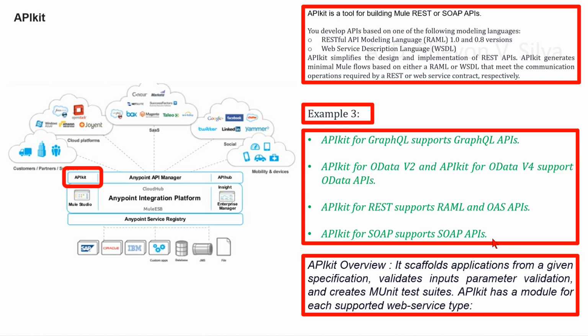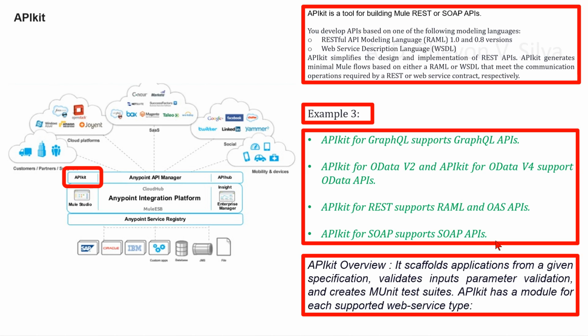With APIkit, incoming requests are intelligently routed to the appropriate endpoints based on the defined API contracts. This routing mechanism simplifies request handling, improves performance, and ensures that the requests are processed by the correct API resources.